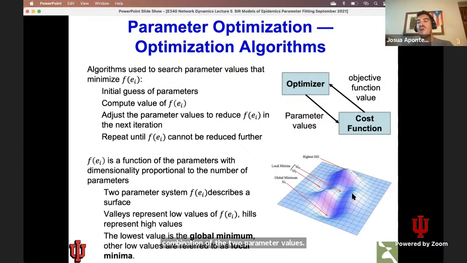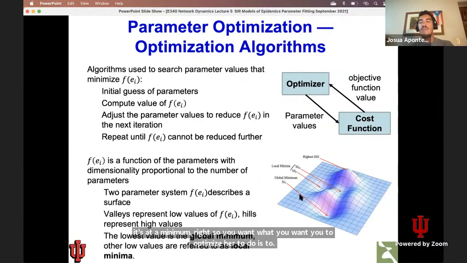In this particular part of the landscape, the difference between the model and the data is the biggest, whereas in this valley, the difference is at a minimum, right? So what you want your optimizer to do is to intelligently explore, and that part is important because it's not a random search, right? It's an intelligent search of this landscape to somehow get the parameter values that minimize the difference between your model and your data.